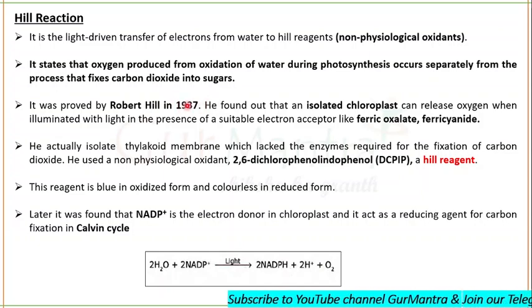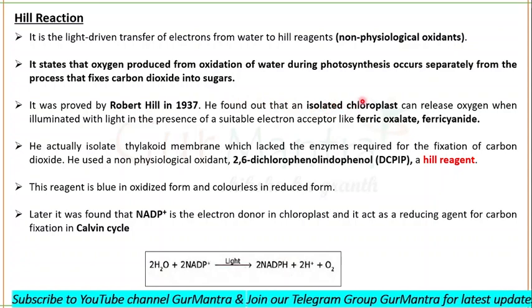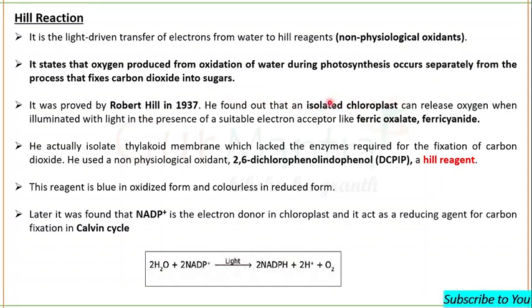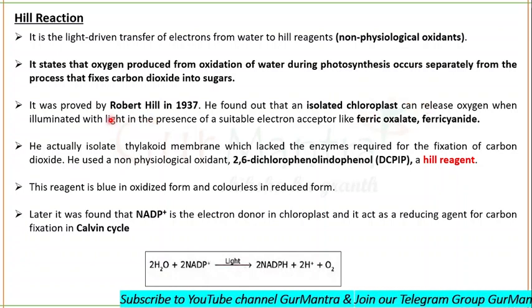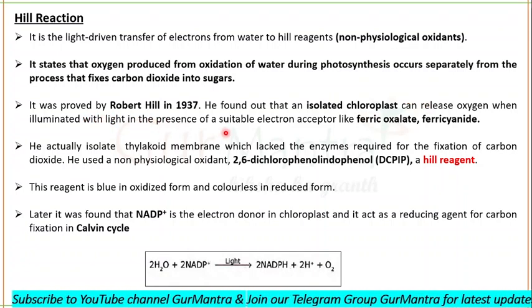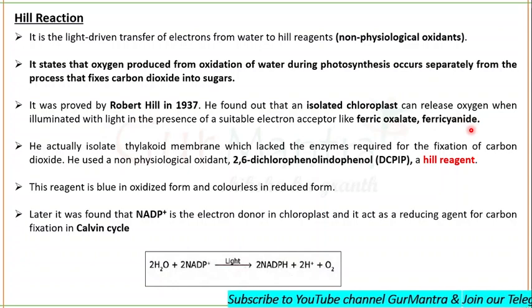What he actually did, he took an isolated chloroplast. He found out that an isolated chloroplast can release oxygen when illuminated with light in the presence of a suitable electron acceptor like ferric oxalate or ferricyanide.